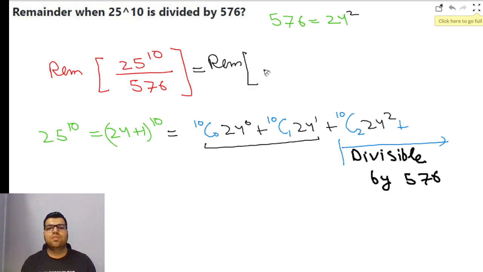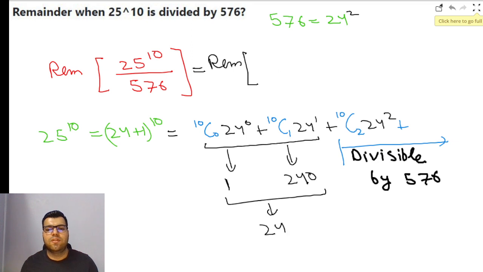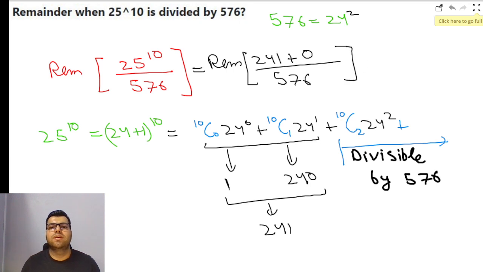You need not do all this, just see what this number is coming. 10C0 is 1 into 1, and this is 10 into 24, which is 240. This thing is 241. So the remainder of 241 plus something which is divisible by 576, the part where 24 square starts, will be 0. So the answer is simply 241.